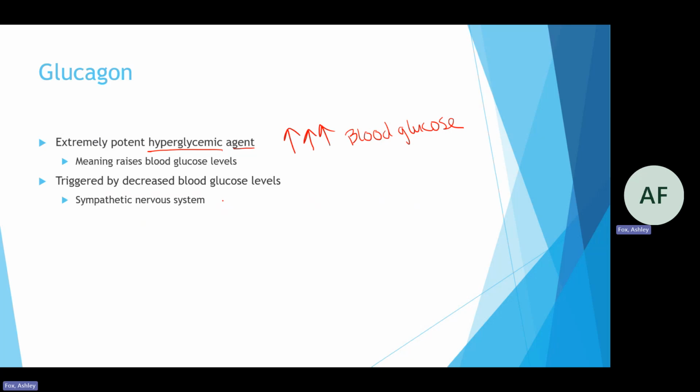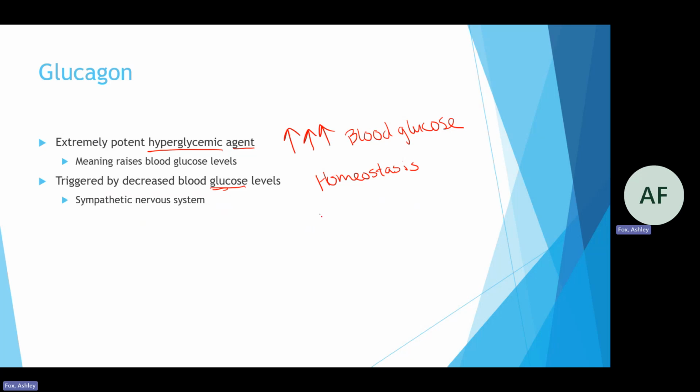This is released when you have low blood glucose levels. So again, it's homeostasis, because you may have not eaten in a day. Well, why is it that you're not passing out and having symptoms of low blood glucose? Well, it's because of this hormone, glucagon.